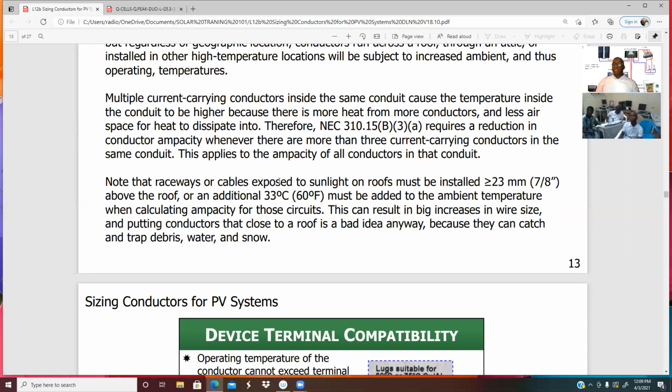Now, you guys know that I'm going to get a whole NEC code book. We work with the NEC code book. You need to know the code. Not memorizing, you don't have to memorize things here. But you have to familiarize yourself with the fact that if you are going to be doing PV installation, there is a code.